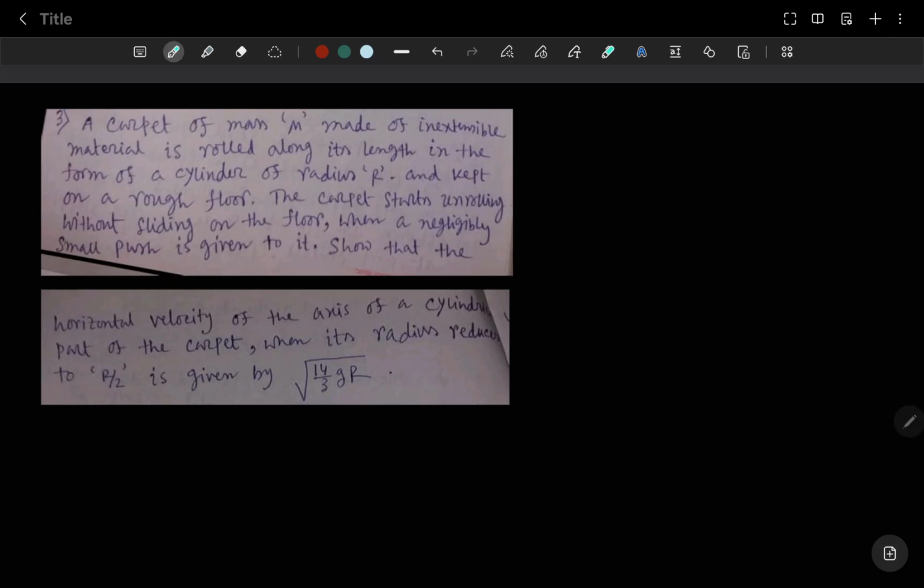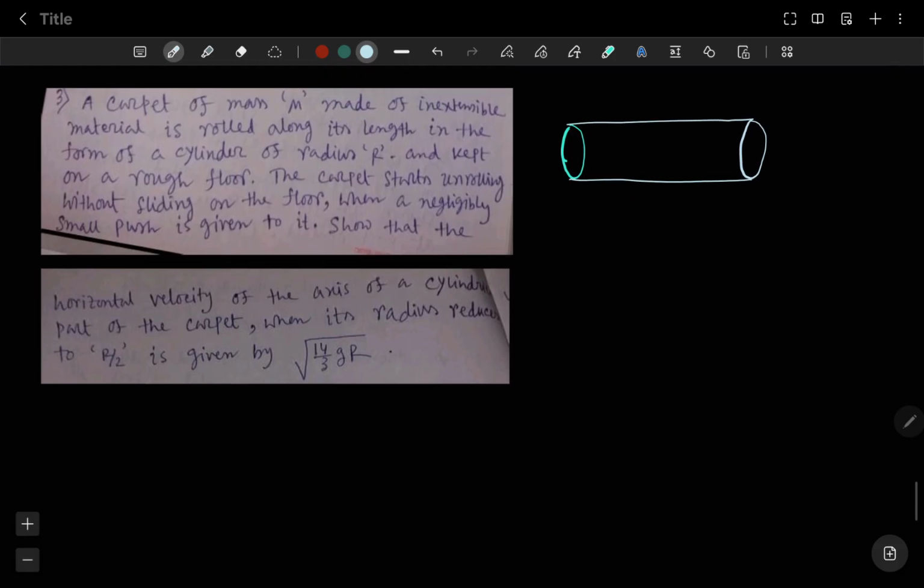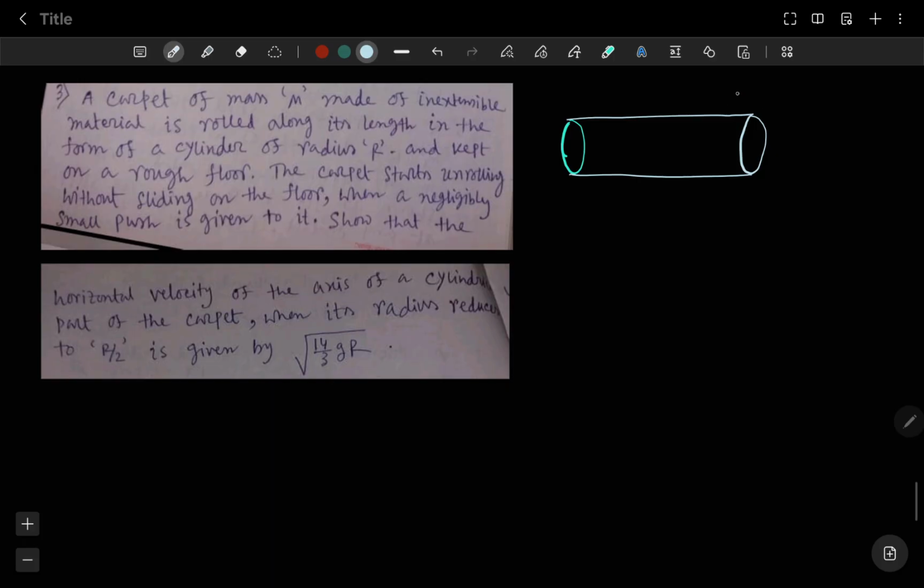So it is a problem regarding rolling energy. See, a carpet is there. It is given a small push, and now it is unrolling. It was wrapped up, now it is getting unwrapped.